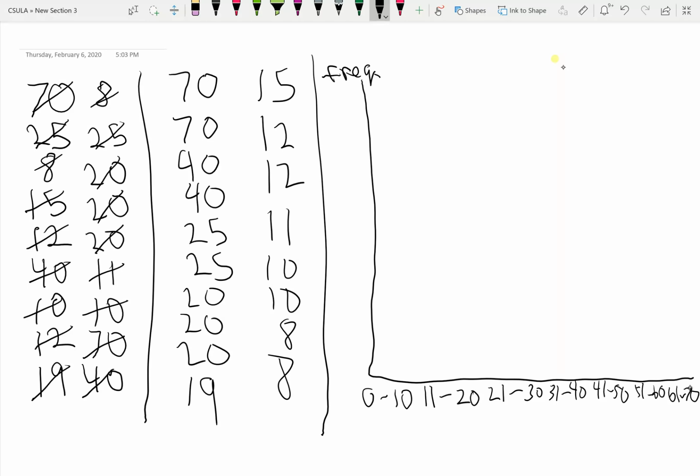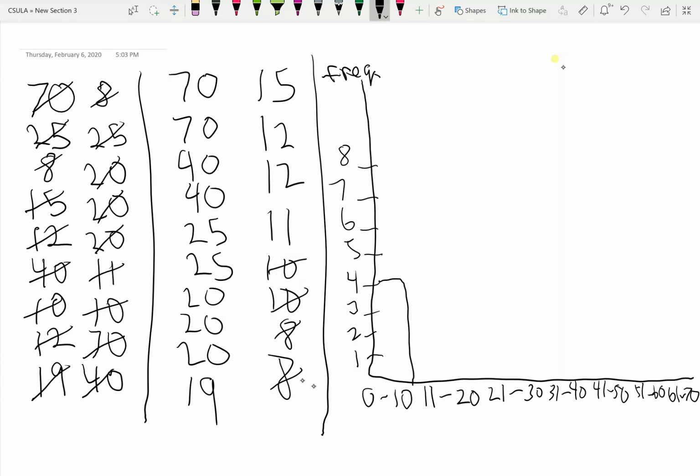All right. So how many fall 0 to 10? Count. 4. 4? Okay, hold on. 1, 2, 3, 4, 5, 6, 7. Okay, so 4, right? Yeah. All right, so there we go.